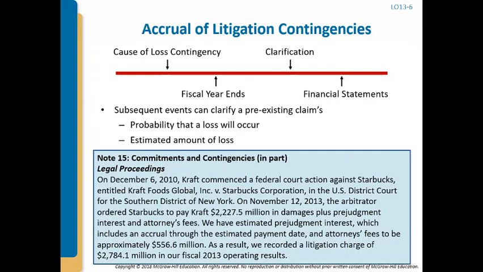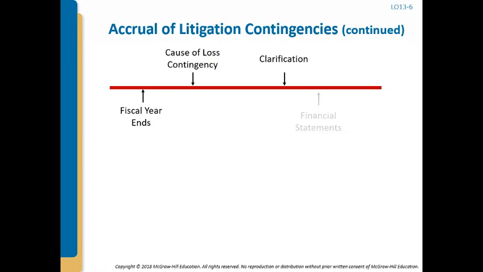And so here, what they've done is they've estimated prejudgment interest and attorney's fees, and so they recorded a litigation charge of $2.7 billion in their 2013 operating results, because there was a clarification after the fiscal year, and the cause of the loss contingency, the lawsuit, occurred before the end of the fiscal year.